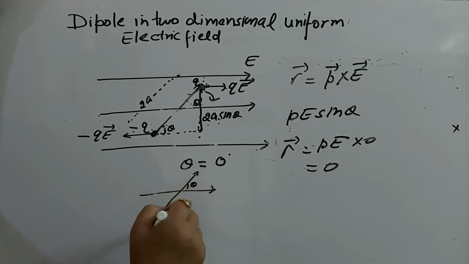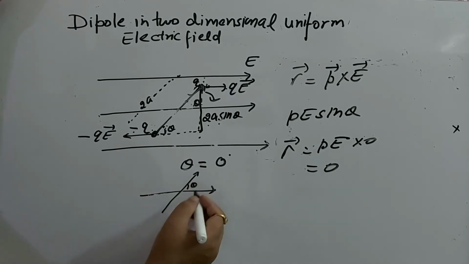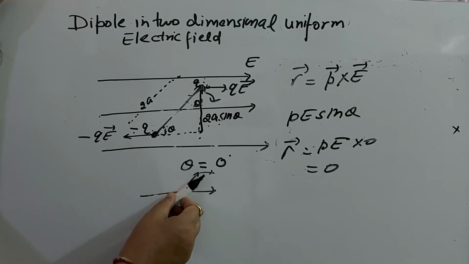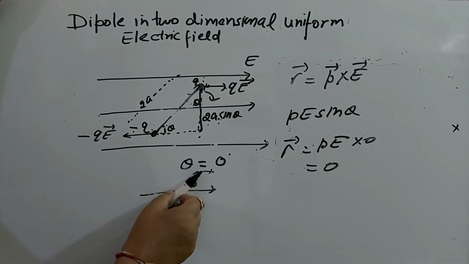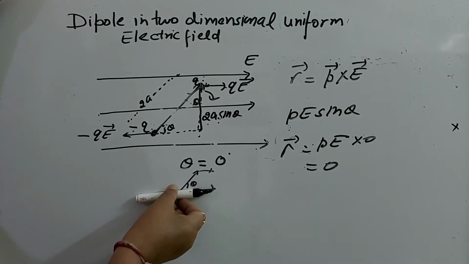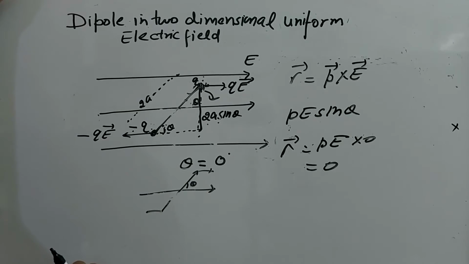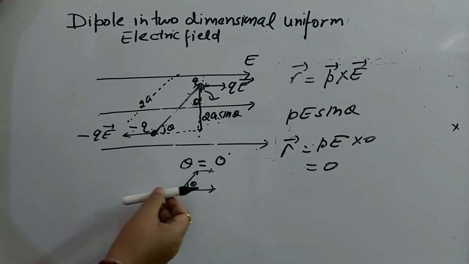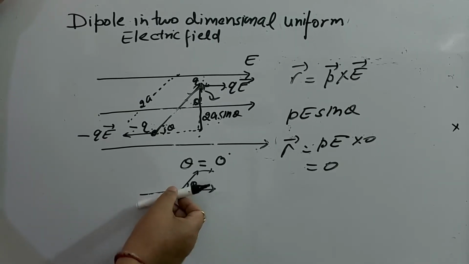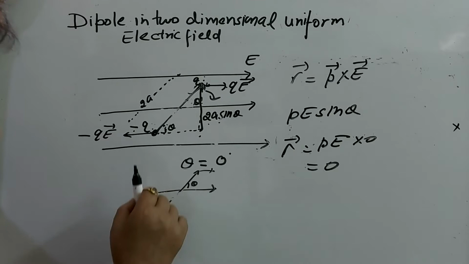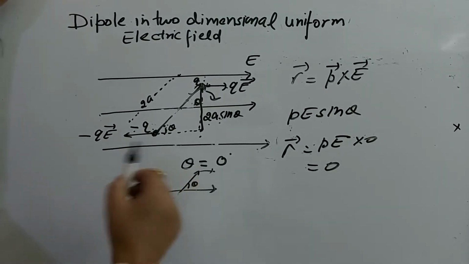Now immediately a torque will start acting on this, which will try to rotate this in clockwise direction, which will try to align this along the direction of the electric field. So we can say in this position this dipole is in stable equilibrium. Stable equilibrium means if the dipole moment direction is along the electric field, then this will be stable. Stable means if it is disturbed, it will try to align itself along the same line.